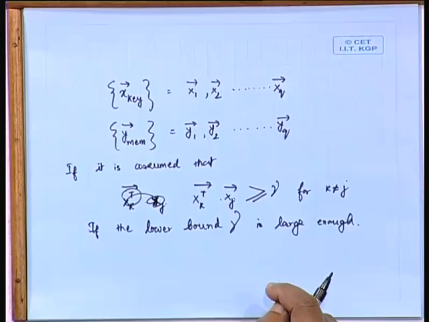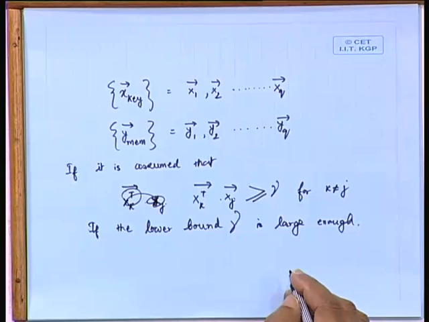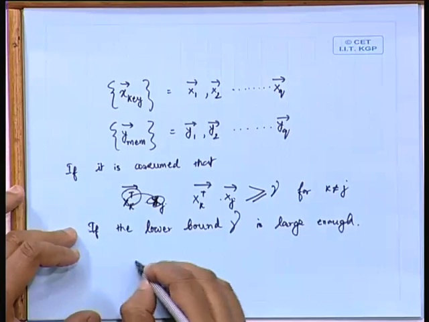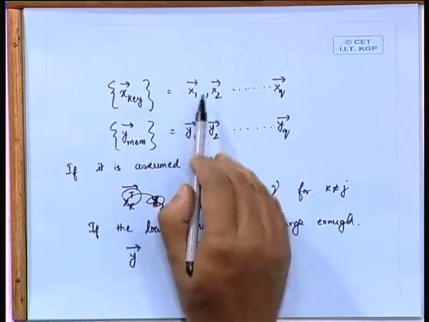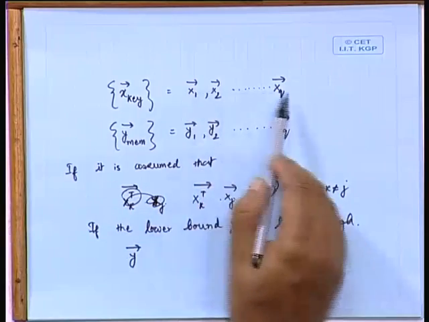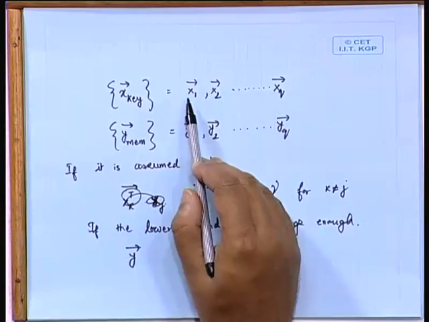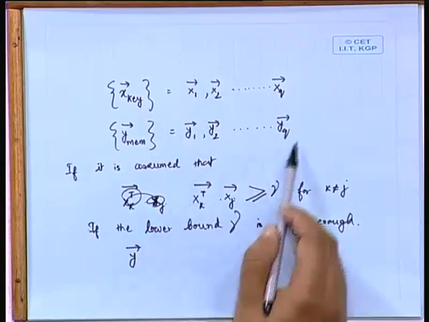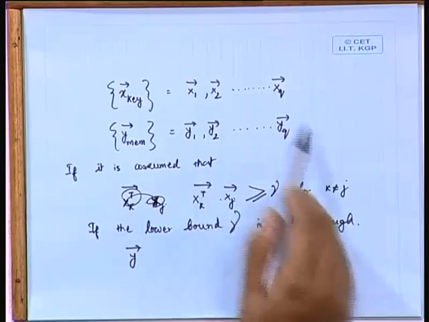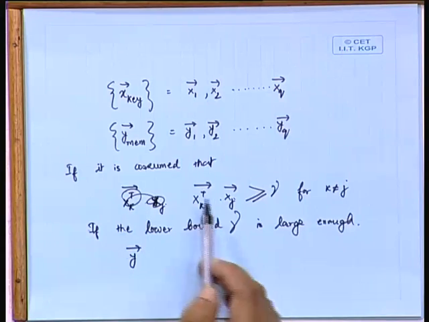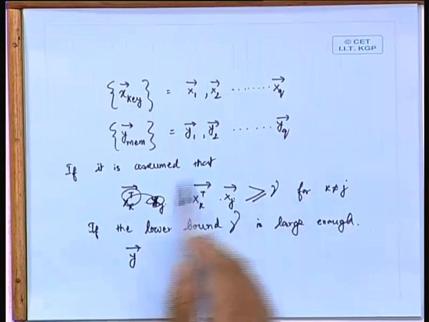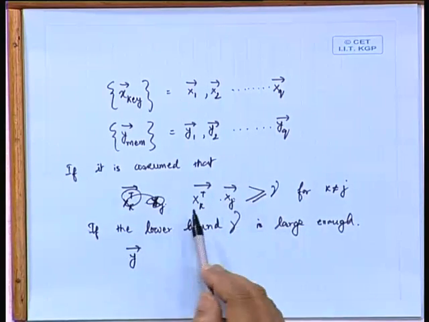In that case, the response y that we will get by feeding any of the key patterns is some response which will not be there in any of these y 1 to y q, is it not?